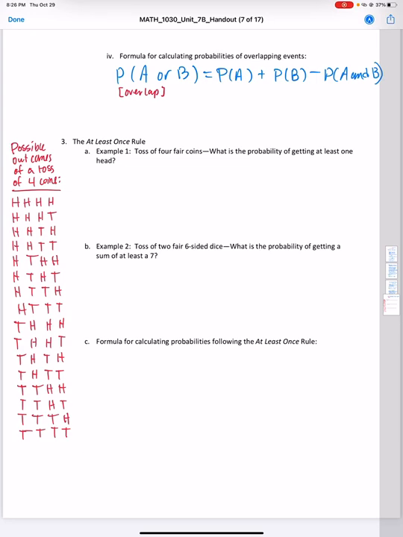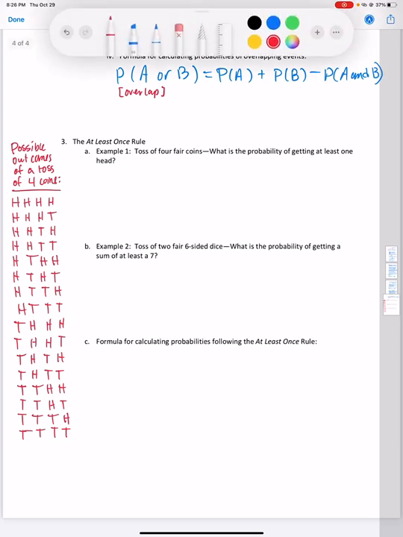Okay, so the at least one head means that I'm going to have one head or more in all of my outcomes. Okay, notice that this row right here has at least one head, and this one and this one. There's at least one head in all of these outcomes except for the bottom one.